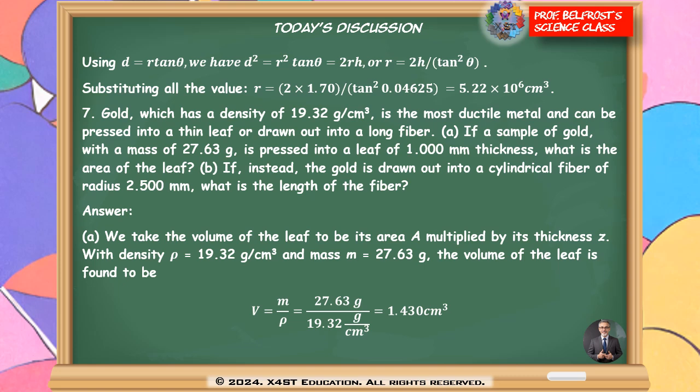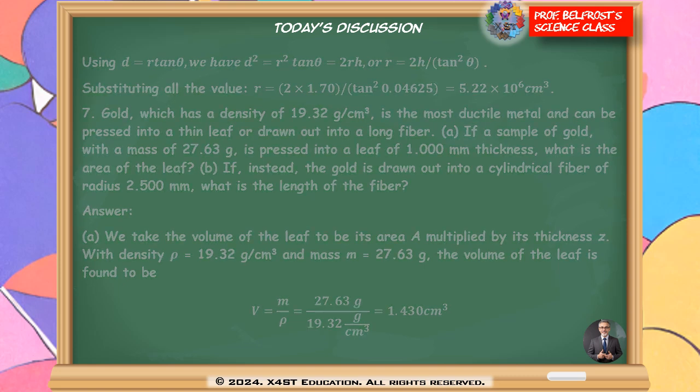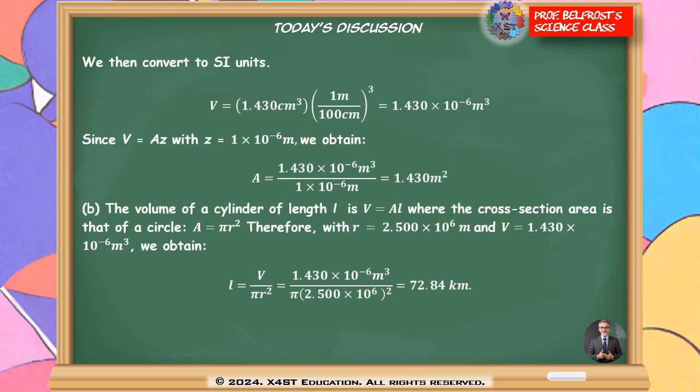For problem A, you need to take the volume of the leaf to be its area multiplied by thickness. With the density and mass known, the volume can be found, which yields 1.430 cubic centimeters. Then we need to convert this into SI units, which gives us 1.430 times 10 to the minus 6 cubic meters.